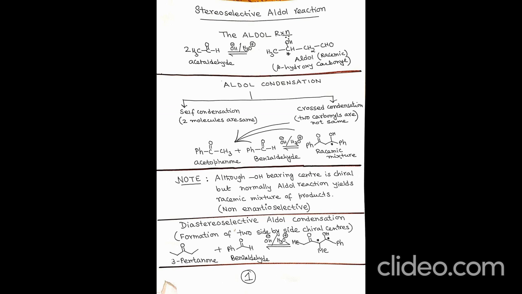As for example, 3-pentanone having alpha hydrogen, if it reacts with benzaldehyde having no alpha hydrogen in presence of base, then the product contains two side by side chiral centers, and now the diastereomers of these beta hydroxycarbonyl compounds enter into the picture.